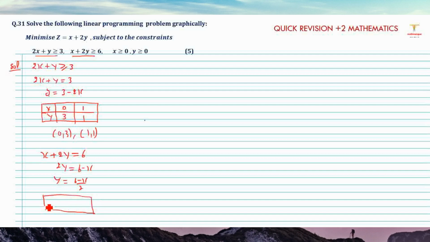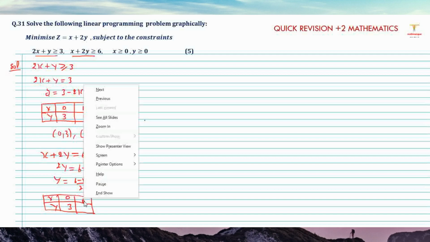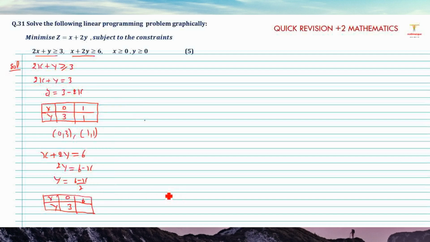See, this is x, this is y. If you take the value of x as 0, you are getting 3 here. If you take the value of x as 6, y comes out to be 0 here. So now, children, you just take these conditions, so you can draw a graph here.